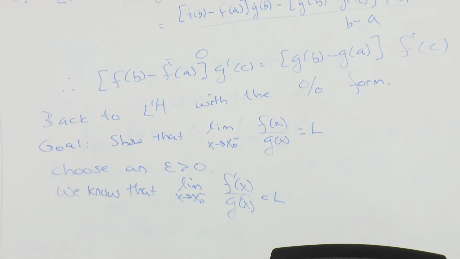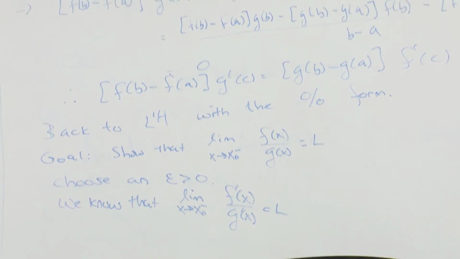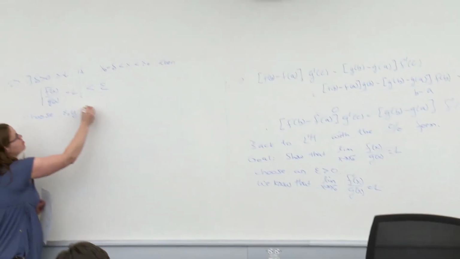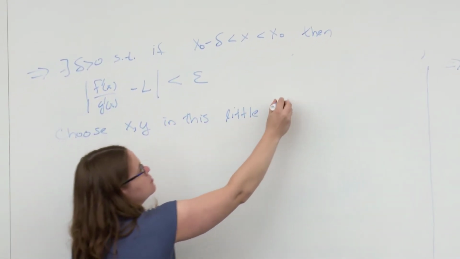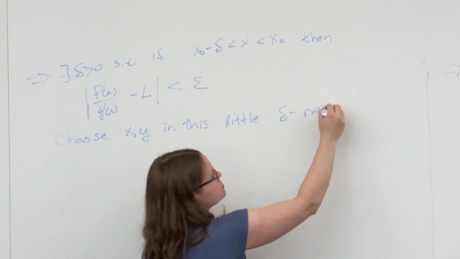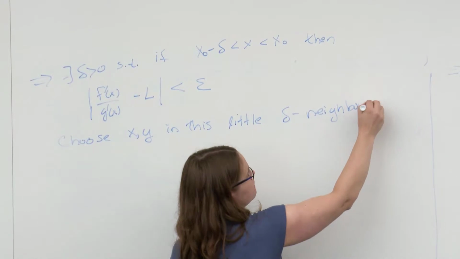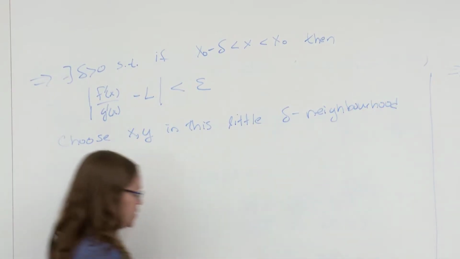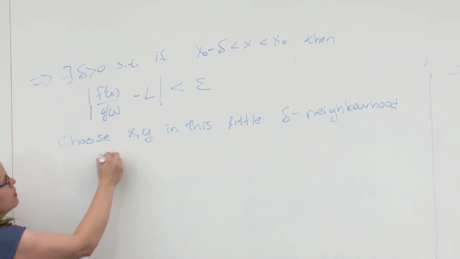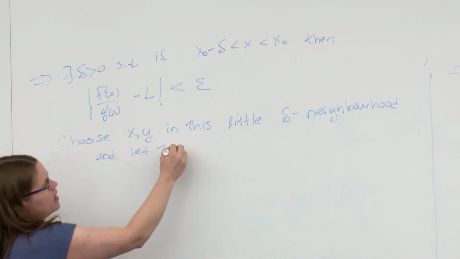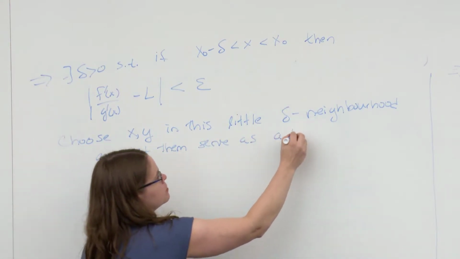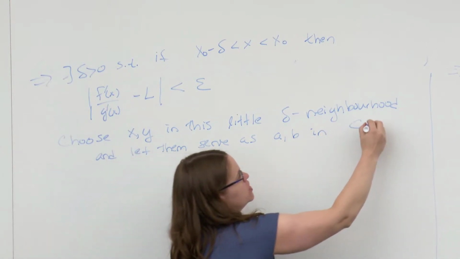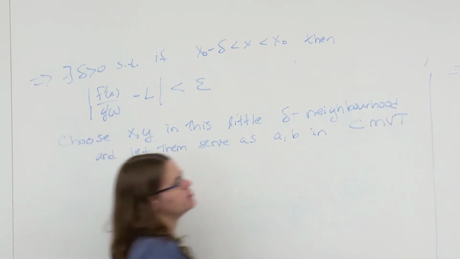So let's choose x and y in this little delta neighborhood, and we're going to let them serve as my a and b in this Cauchy mean value theorem.